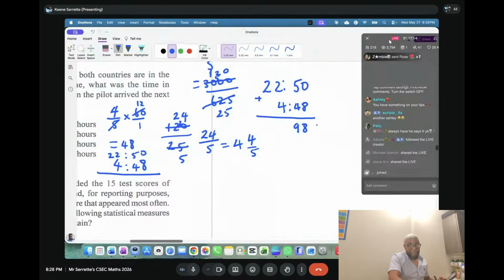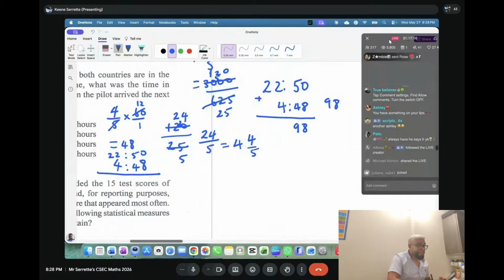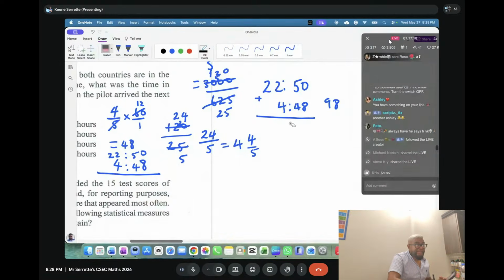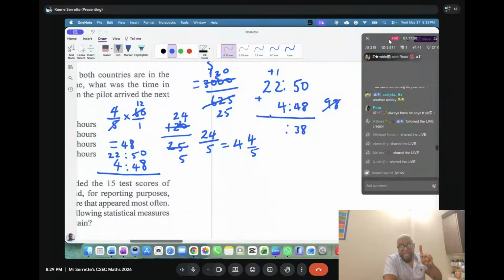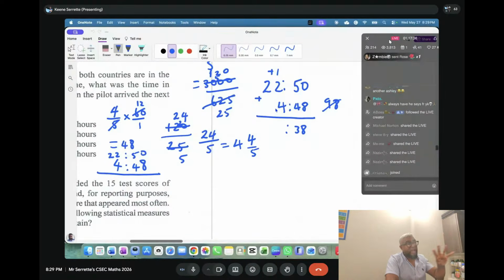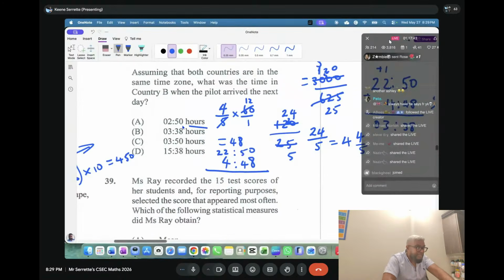That's what I want to find out. 98 would actually be like an hour, so I can add that hour here and 38 minutes here. So 22 plus 1 would be 23. After the 23 hour, you go back to 0. Then you have 1, then you have 2, and then add this one up, you have 3. So this is going to be 0, 3, 8, 8, which would be D. Everybody good there? There we go.